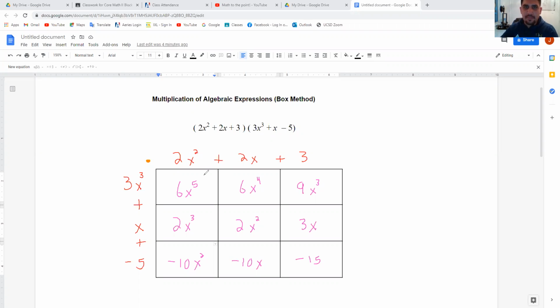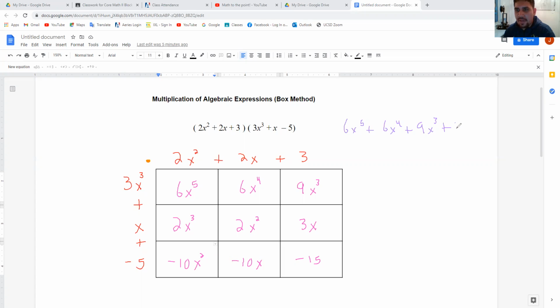Okay. And then the last step will be to add all the terms that we have collected inside the area. So I'm going to be adding the 6x to the power of 5 plus 6x to the power of 4 plus 9x to the power of 3. That's the first row.